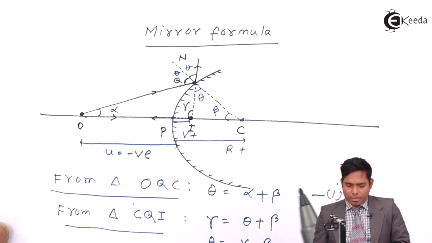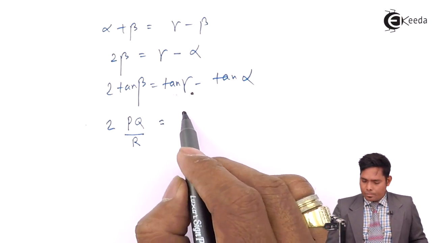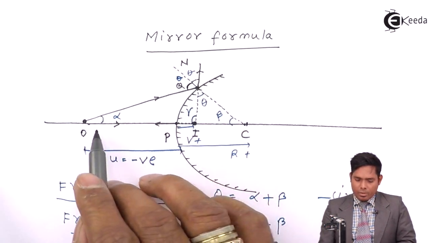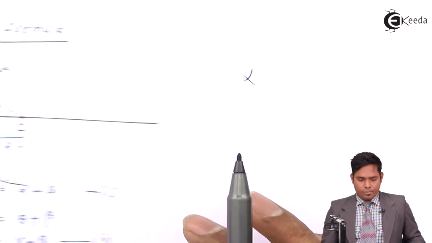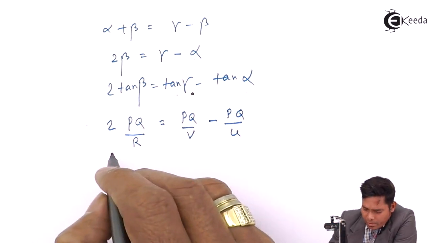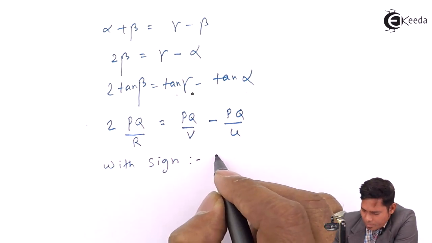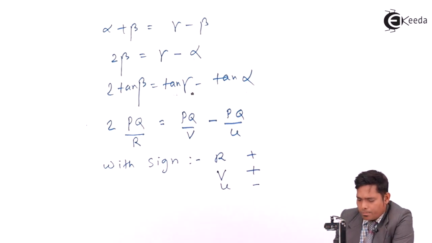You can see here, tan gamma is PQ divided by V, minus tan alpha. Tan alpha is PQ divided by U. But with sign convention, R is positive, V is positive, U is negative.